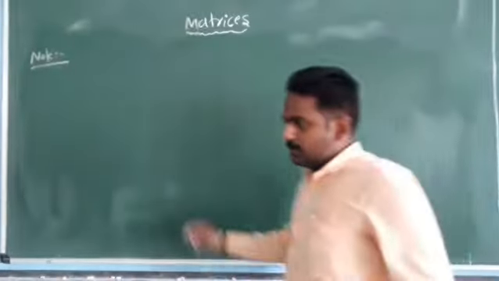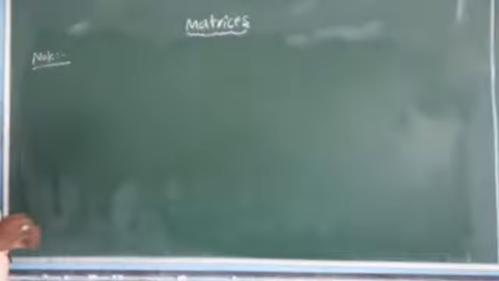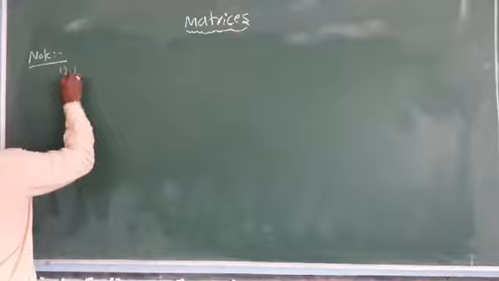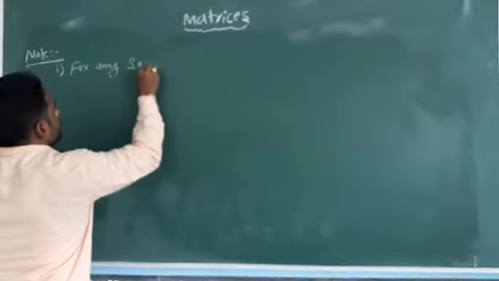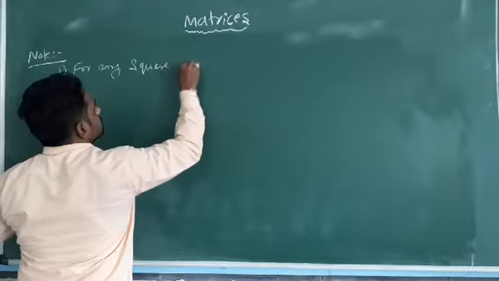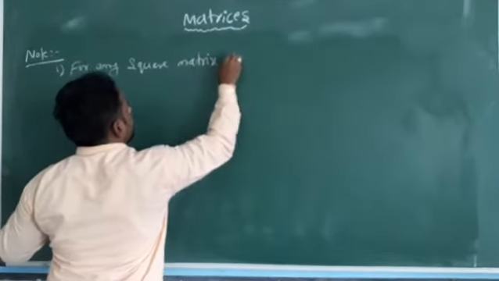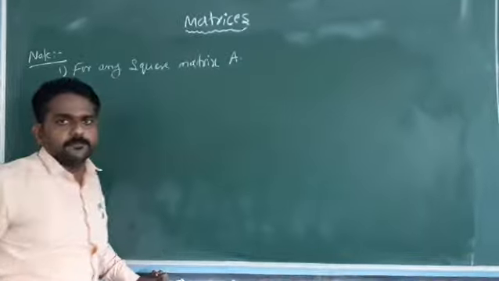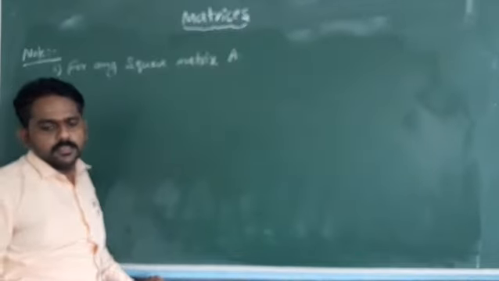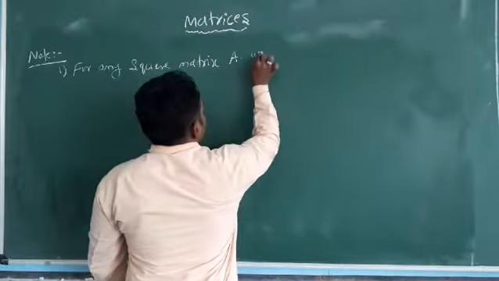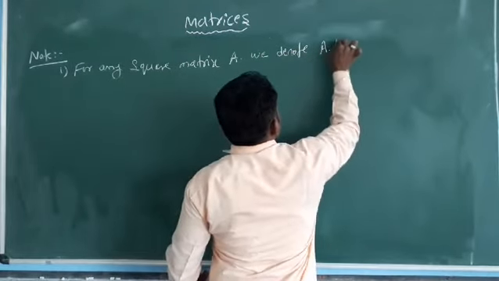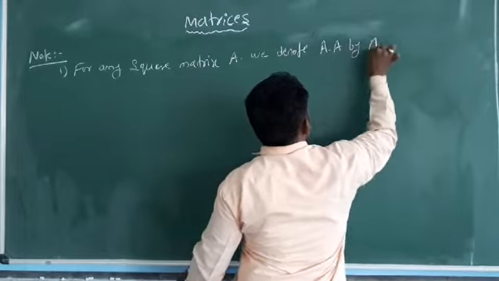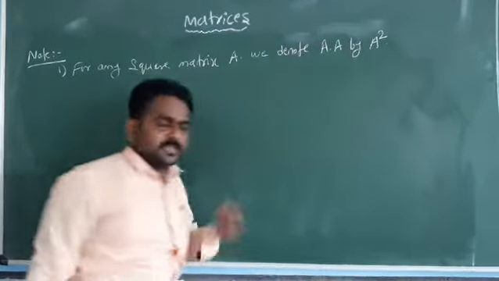Certain important things I will write here, students. For any square matrix A, we denote A into A by A squared, the product of the same matrix.